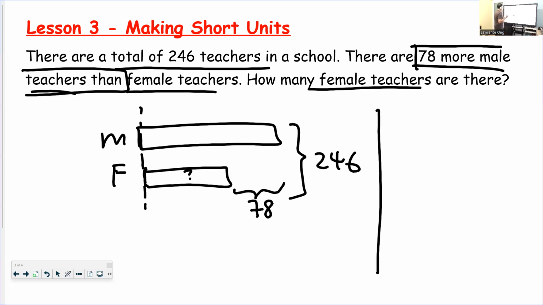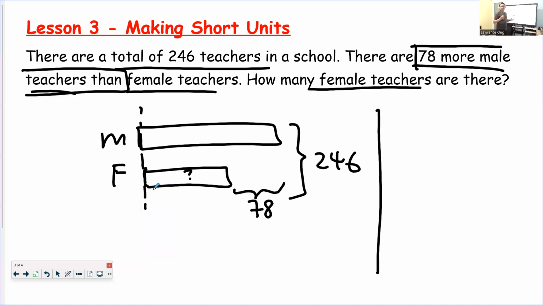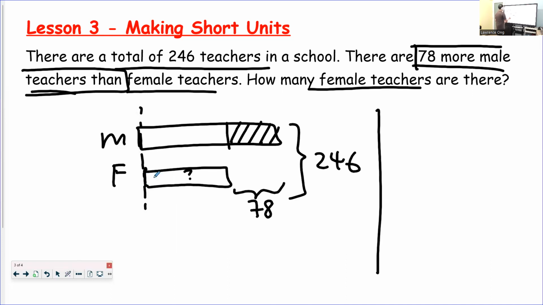I want to find the value of the shorter rectangle. So how do I find it? I have to cut the male rectangle to make it shorter. If I cut here, then this part will be gone, and I will have two rectangles that have the same length.